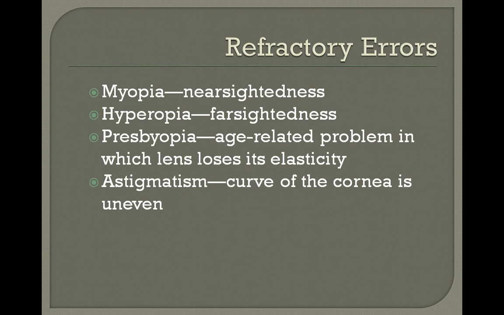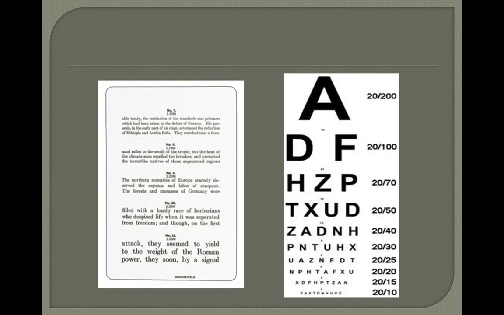So this person may require corrective lenses to correct an astigmatism, either glasses or special contact lenses. So again, we have the Jaeger chart that's used to test for presbyopia. And then we have the Snellen chart.